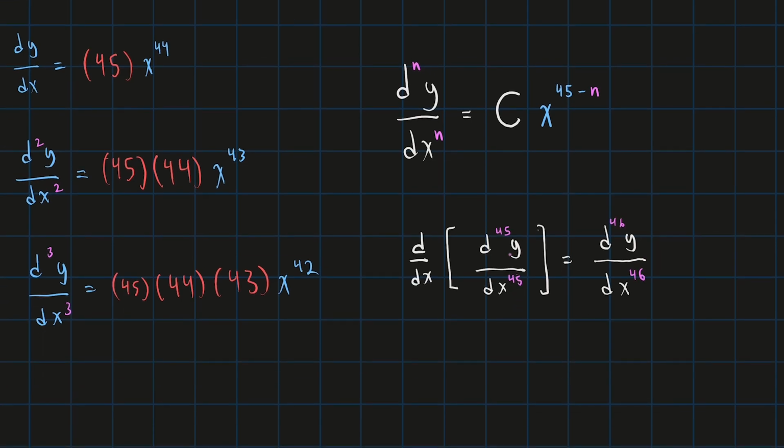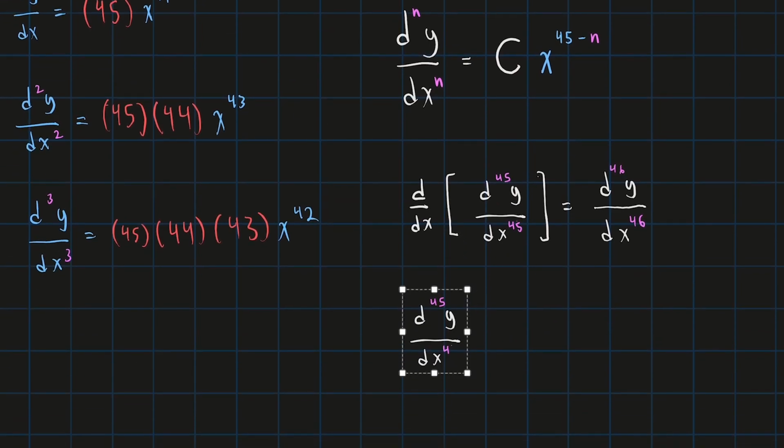Now let's think about our 45th derivative. When we're taking our 45th derivative, we plug in 45 for n, and this means that the exponent on our x becomes 45 minus 45. We're trying to find the 45th derivative of x to the 45.